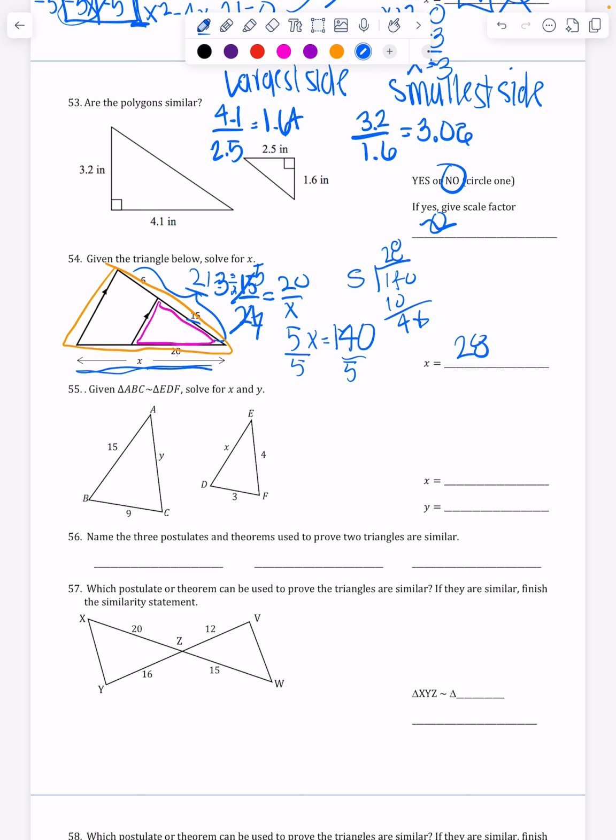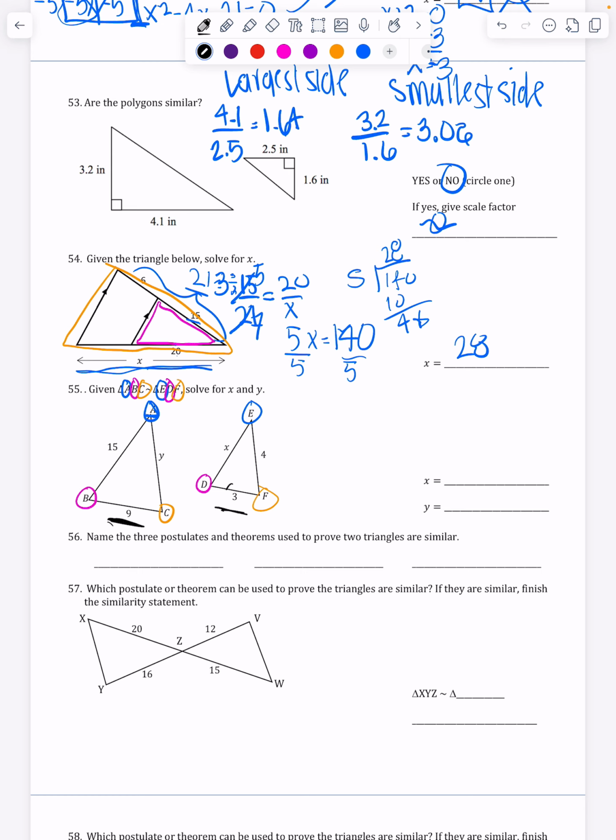Okay, let's see, given triangle AE, so let's do A and E, and we'll switch to pink, B and D, and C and F. All right, so now I've gone ahead and I've color-coded the sides. I'm going to jump to black here so that we can not mess with the colors. What I'm going to do first is I'm going to look for a constant, a scale factor here.